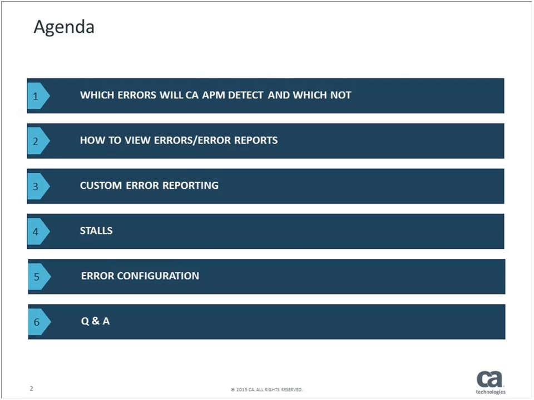I'll also be talking about a very closely related topic, stalls, and what you can change in the configuration files for errors. And of course, you can ask questions at the end of this call, or you can post them in the chat while I'm going through the presentation.